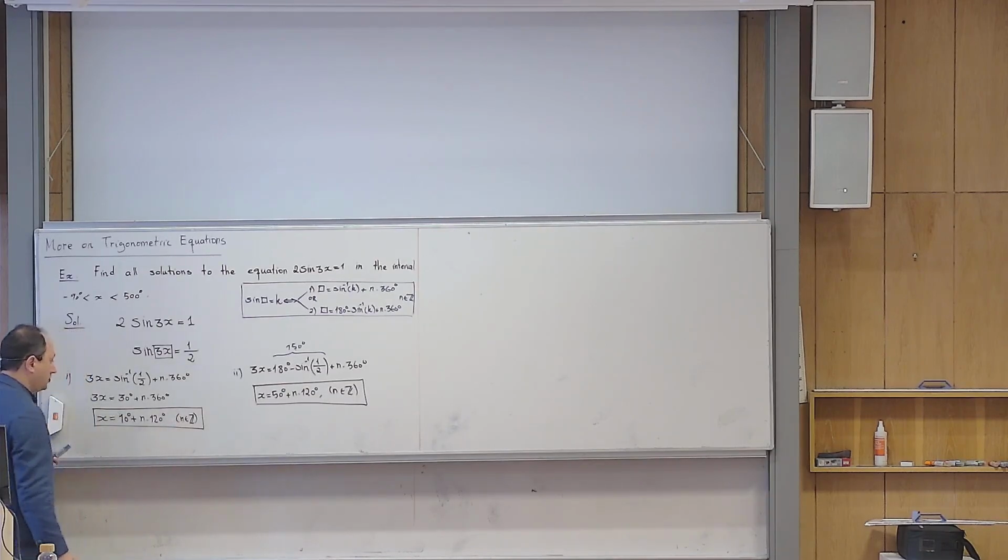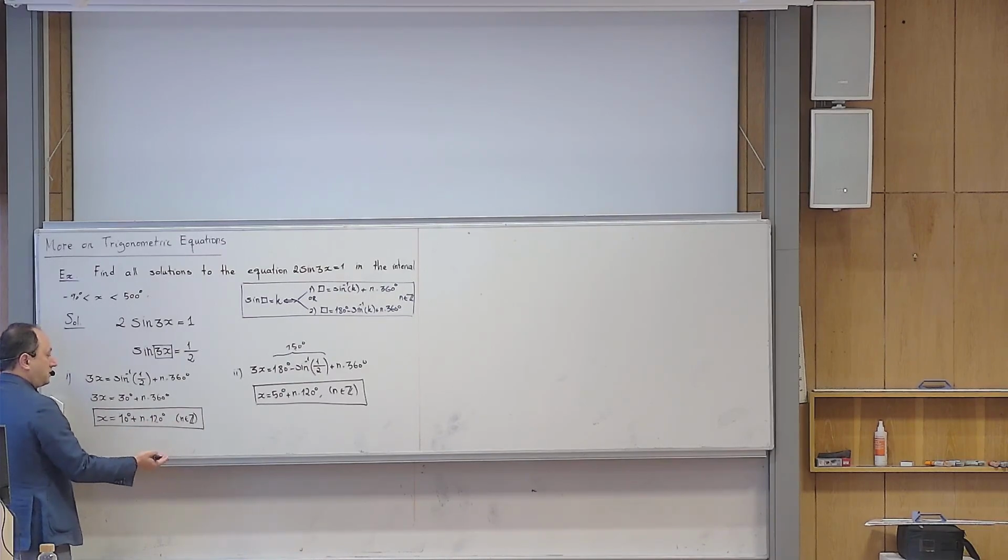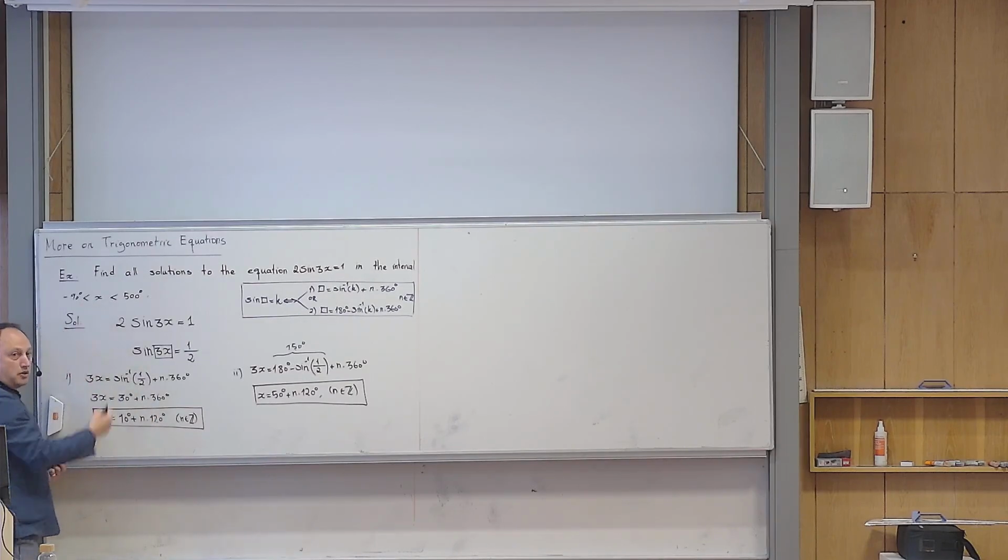Do you think -1 will work? If I put -1 here, it becomes minus 120 plus 10, it's minus 110. Minus 110 is smaller than minus 90 degrees, so it is not in that interval. So if minus 1 does not work, I will not have any hope to find an answer if I go down. Yes, if I go to -2, -3, I am making it more and more negative, so of course it becomes smaller and smaller.